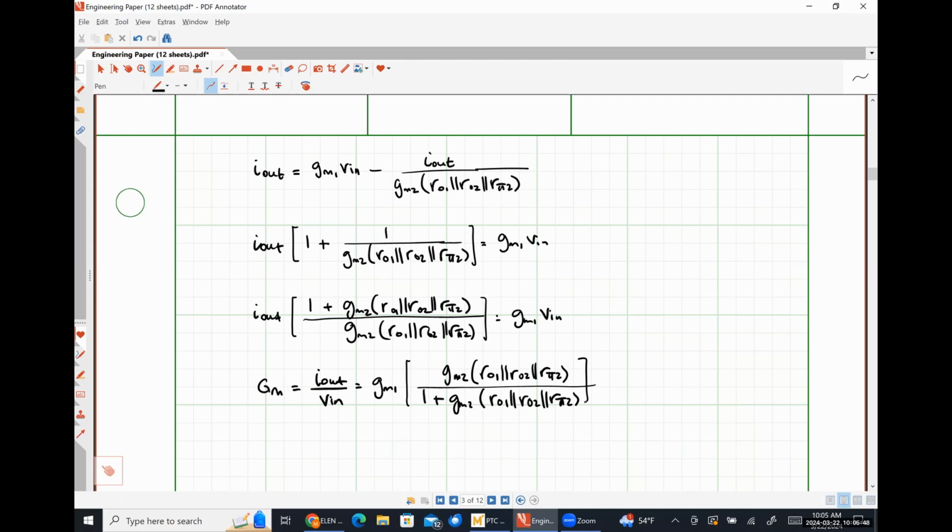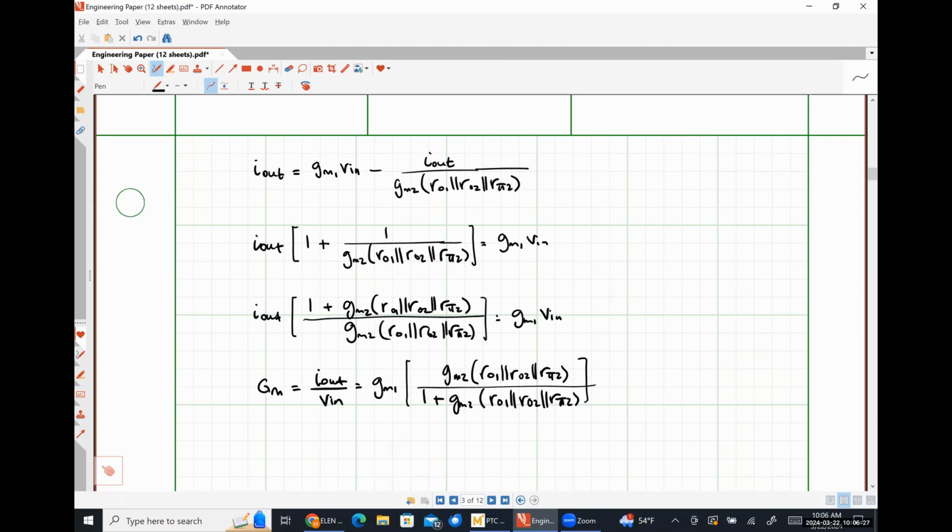Formally, this is fine. Not too god-awful to deal with. R naught 1 and R naught 2 are both typically larger than R pi 2. They're not crazy larger than R pi 2 by any stretch of the imagination, but they're usually larger. So let's just say, for the sake of argument, that I was able to reduce this parallel combination of resistors down to R pi 2 by itself. What would this numerator look like?